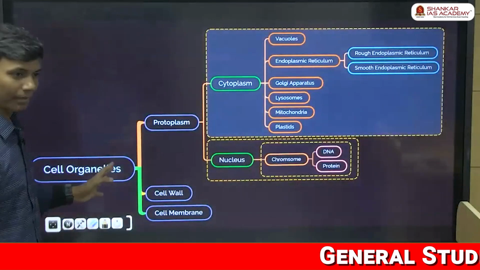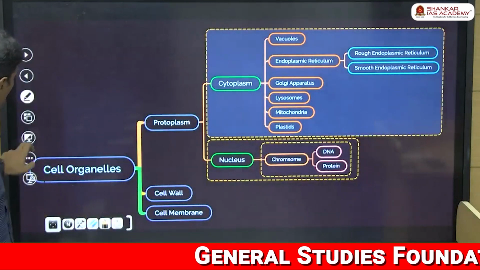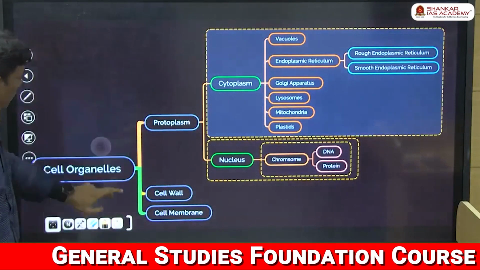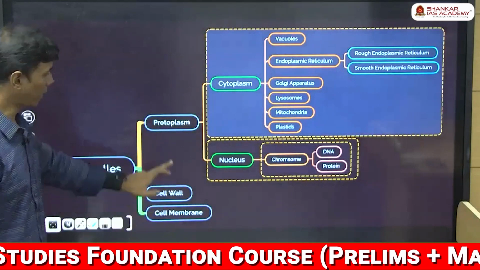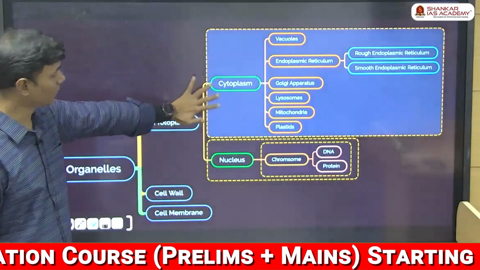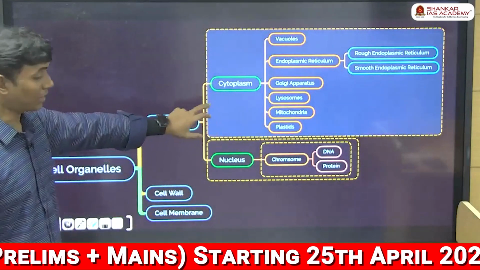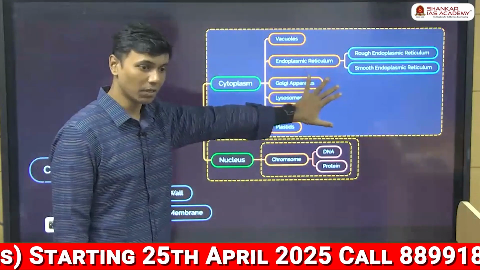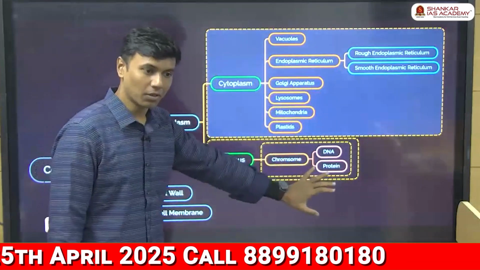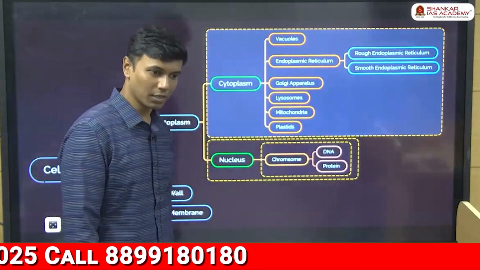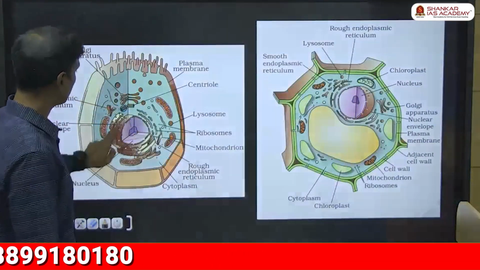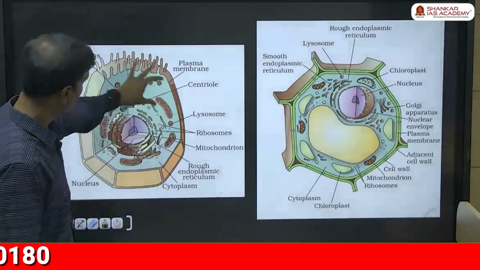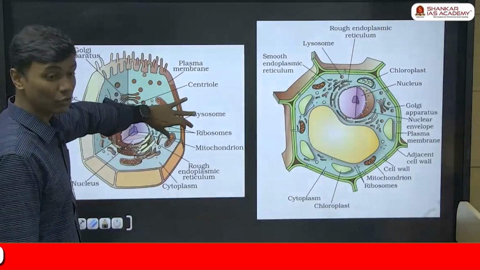I will send you the mind map later. See what is written here in cell organelles. You have the cell wall and cell membrane, which are not part of protoplasm. In protoplasm, what are the two things we have written? Cytoplasm and nucleus. In cytoplasm you have these many cell organelles, and in nucleus you have these many organelles. We are going to learn about them one by one. So this is the nucleus, and whatever you find here will be cytoplasm.